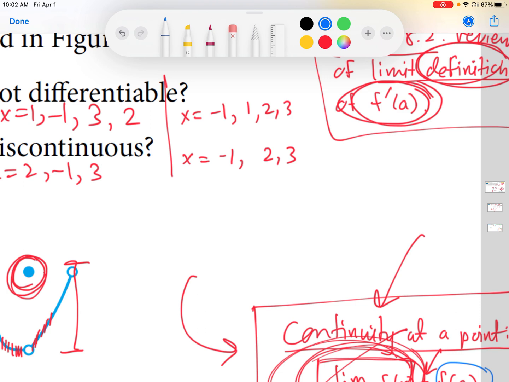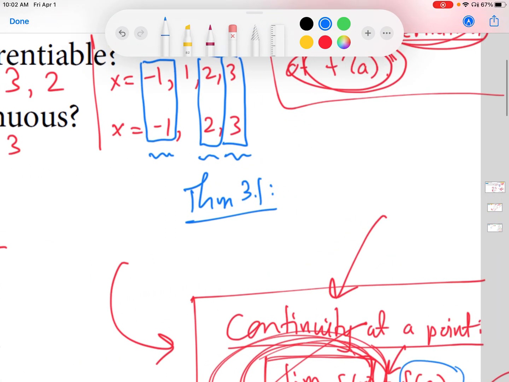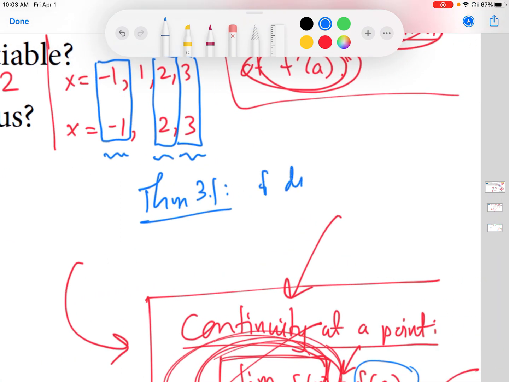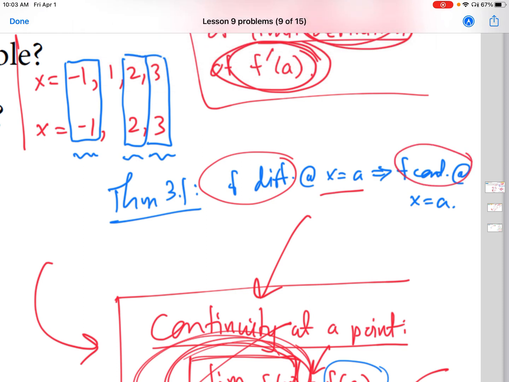Notice that everywhere the function is discontinuous, it is also not differentiable. So there is a theorem that tells us how continuity and differentiability relate. This is theorem 3.1 in Calculus Simplified, the textbook we're using, which says that f differentiable at x equals a implies f continuous at x equals a. So if you are differentiable at a, you are continuous at a.